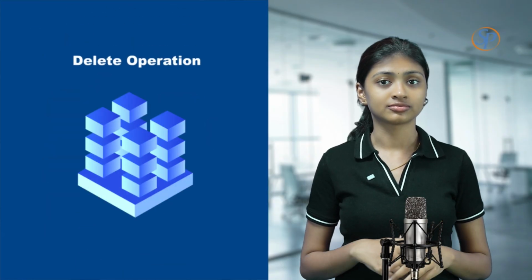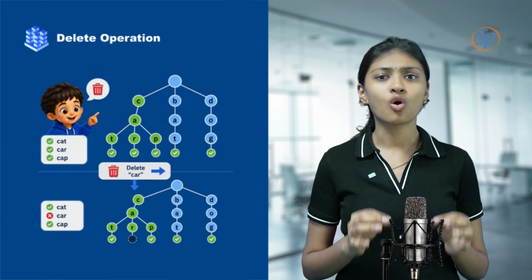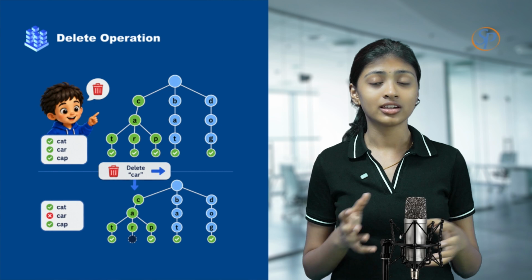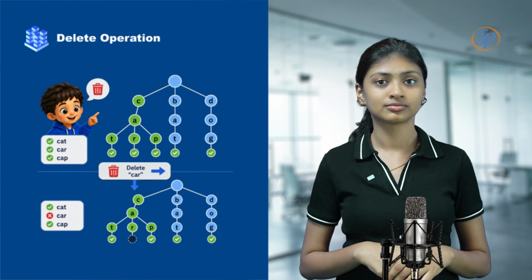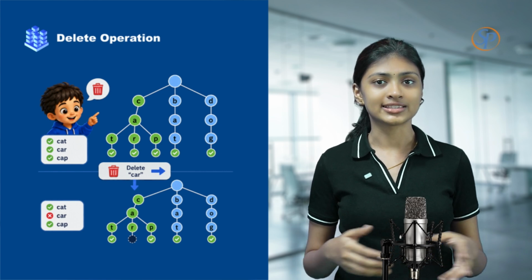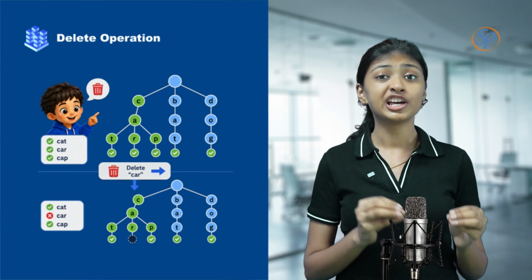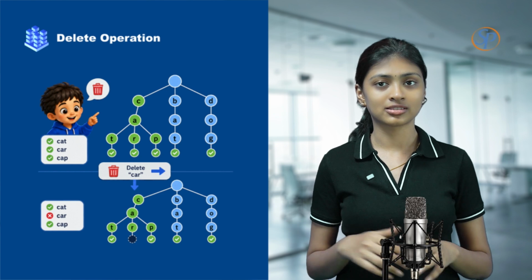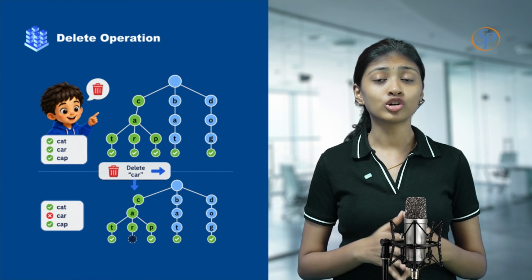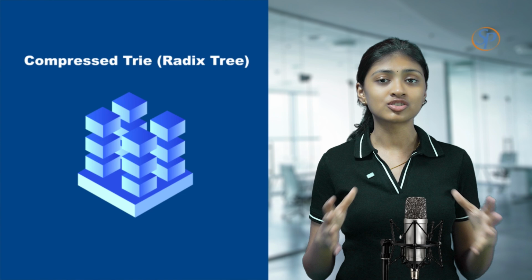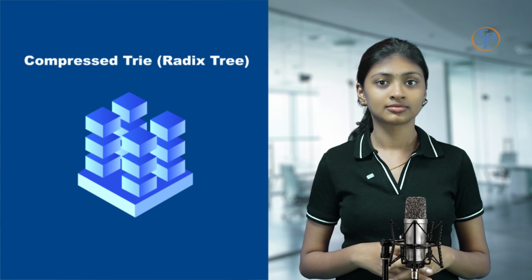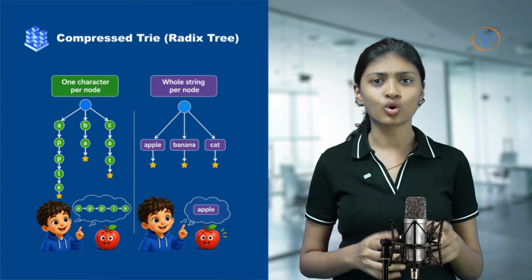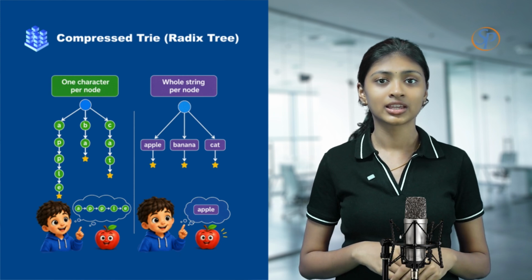Delete operation. We don't always delete nodes. We just mark isEnd equals false. Real world example, for example, removing a word from the dictionary but keeping shared paths. Now let's talk about optimization. Compressed trie, radix tree. Instead of storing one character per node, we store whole strings.